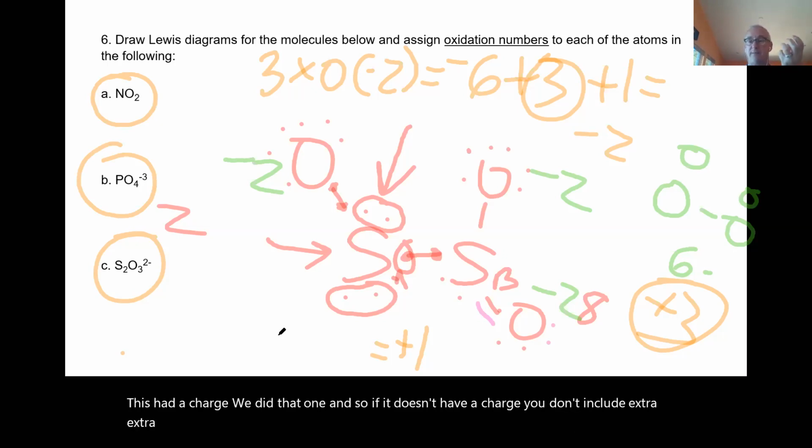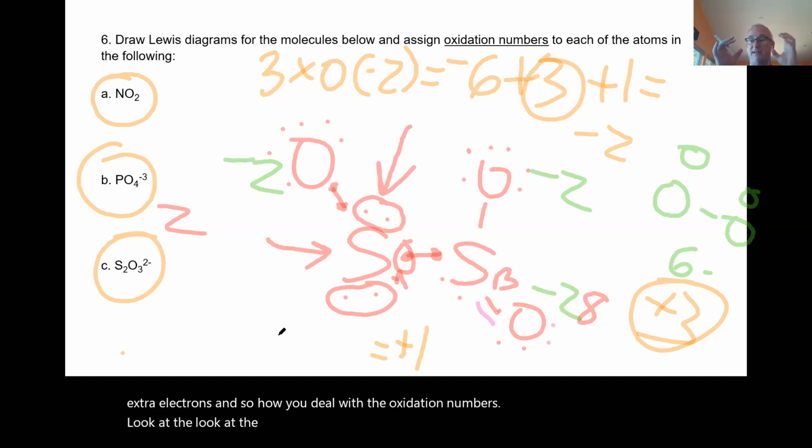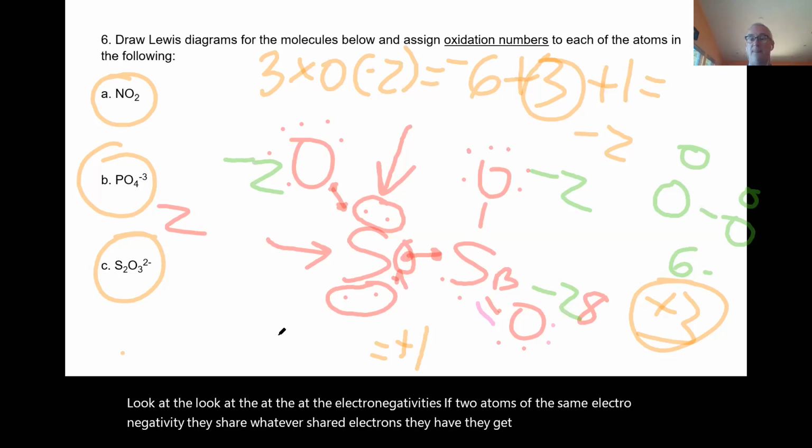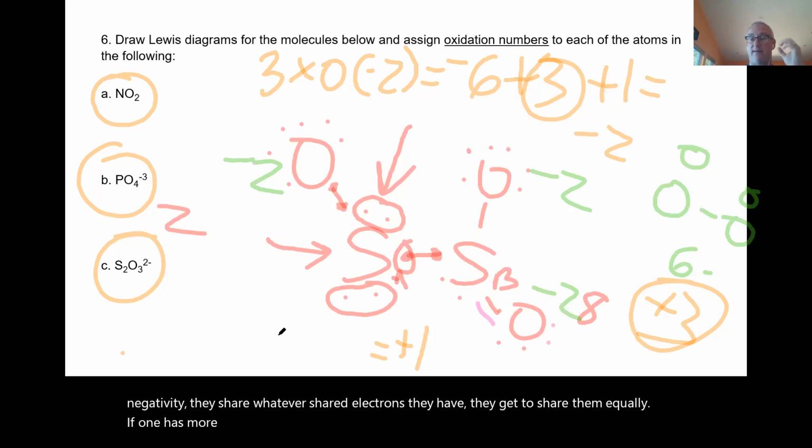And how you deal with the oxidation numbers, look at the electronegativities. If 2 atoms have the same electronegativity, they share whatever shared electrons they have equally. If one has more electronegativity, it gets to keep everything. And that's how you work it out.